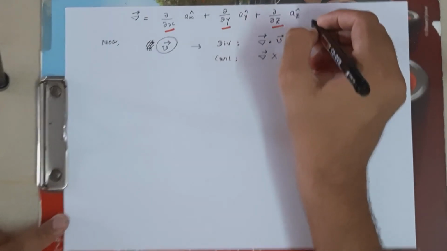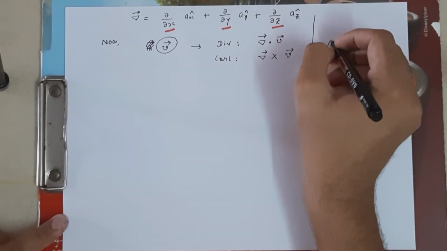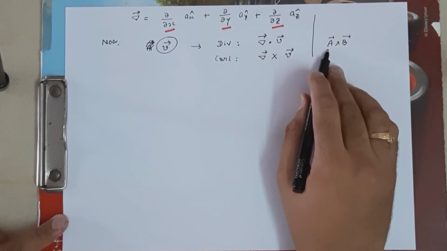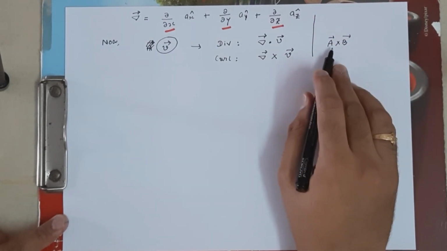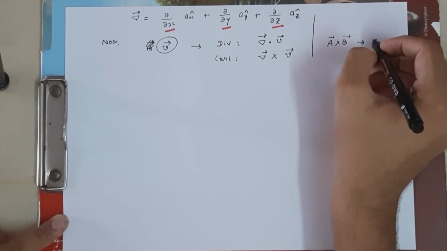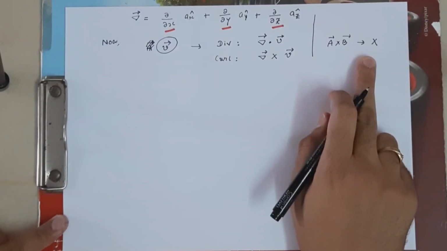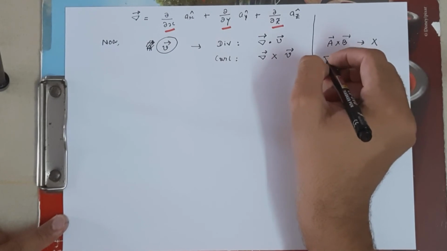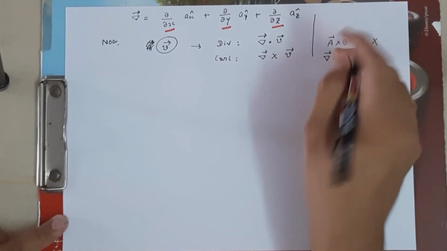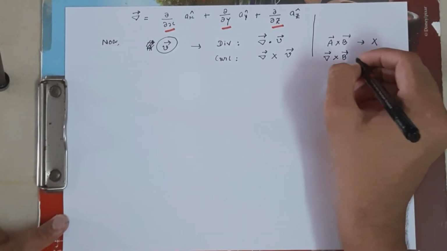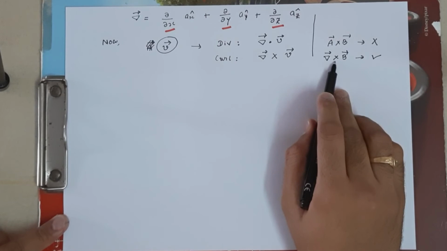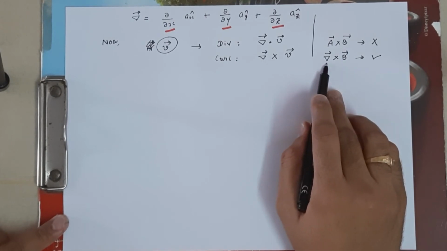See here, you cannot say that a cross b is curl. It is not curl. Why? Because here it is vector a and vector b, there is no del operator. You cannot say this is a curl operation. But if you do del cross b, now this is curl, because it's a cross product of vector b with the del operator.